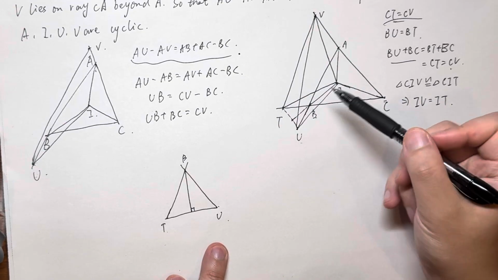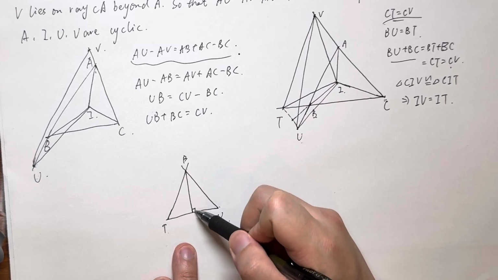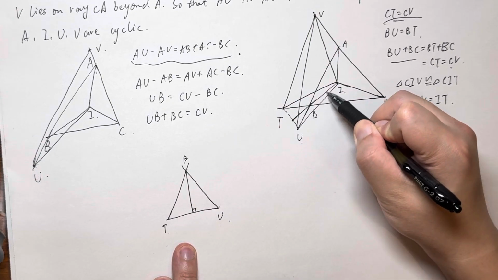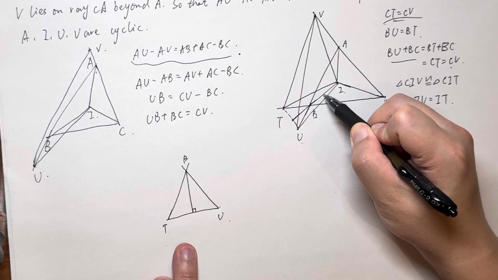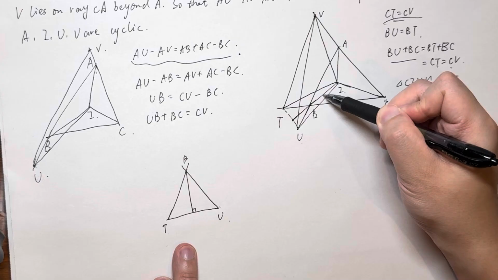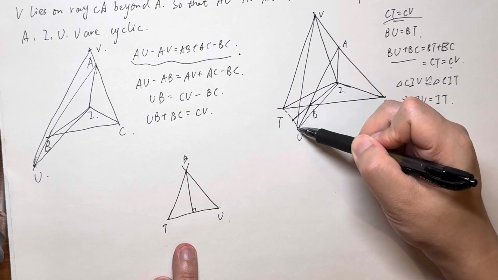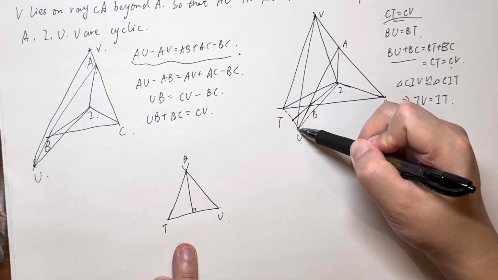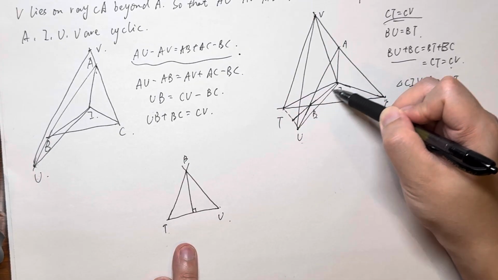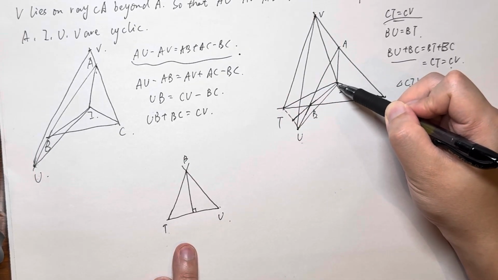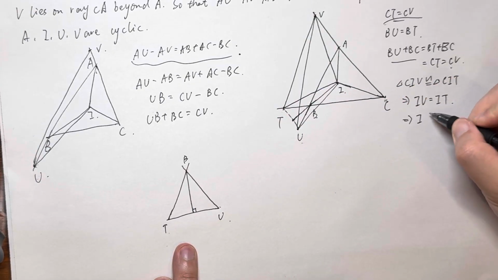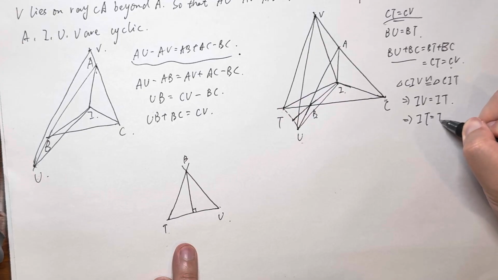Then we know that this line is not only the angle bisector of angle TBU, it's also the perpendicular bisector of segment TU, which means any point on the line BI has an equal distance to T and U, which means we get IT equals IU.